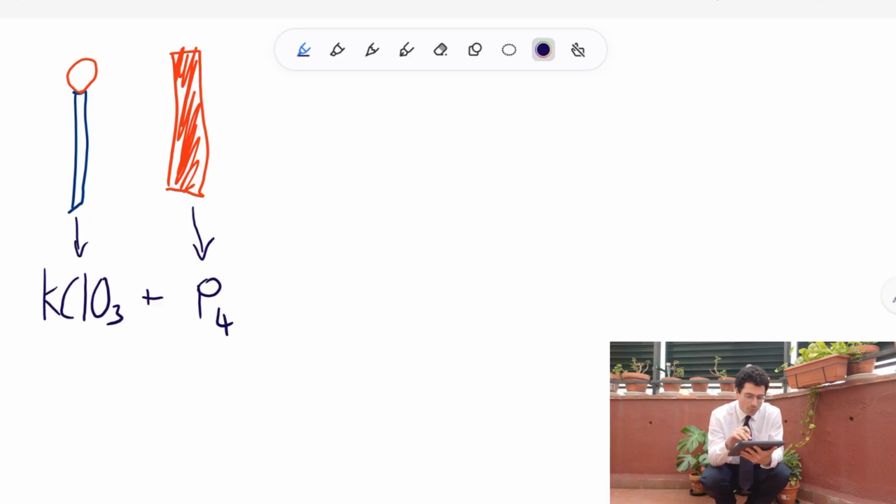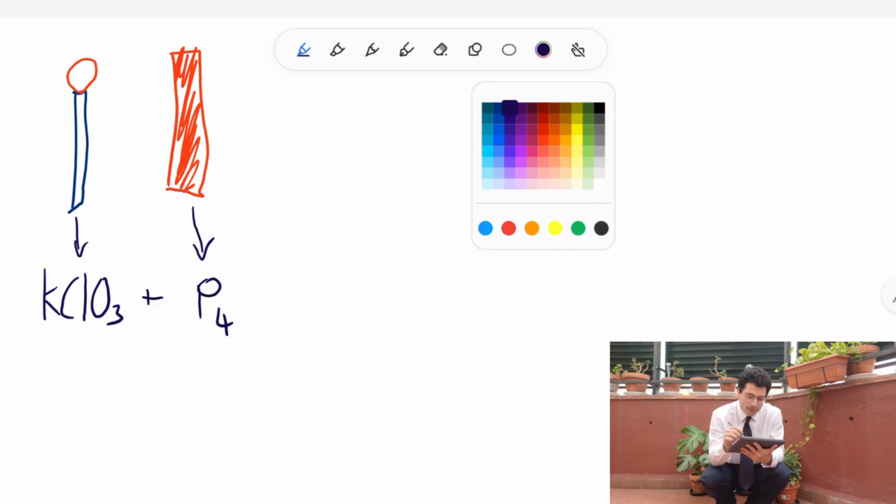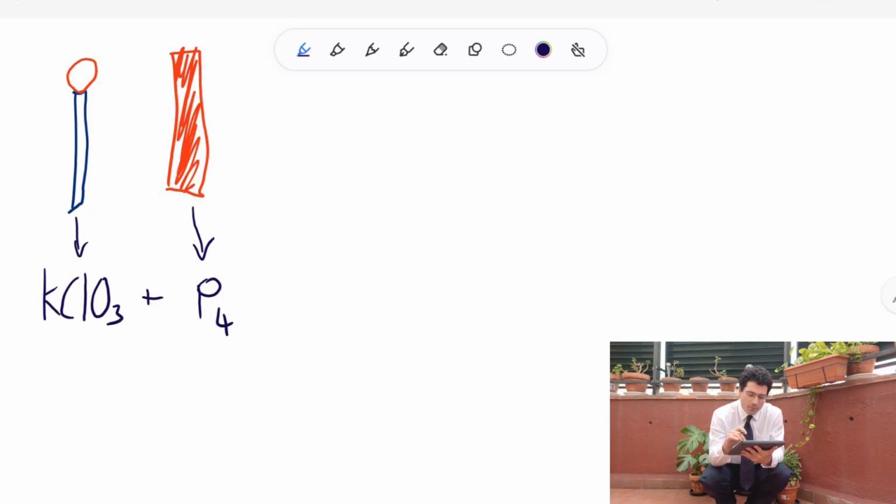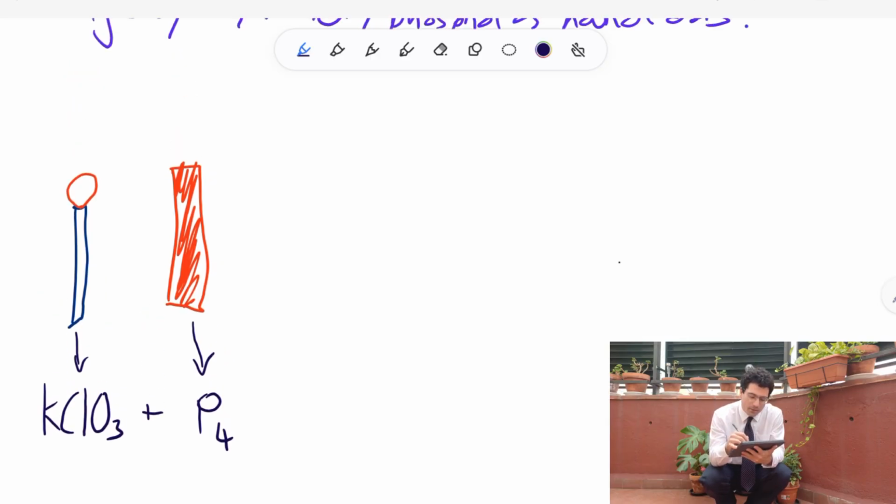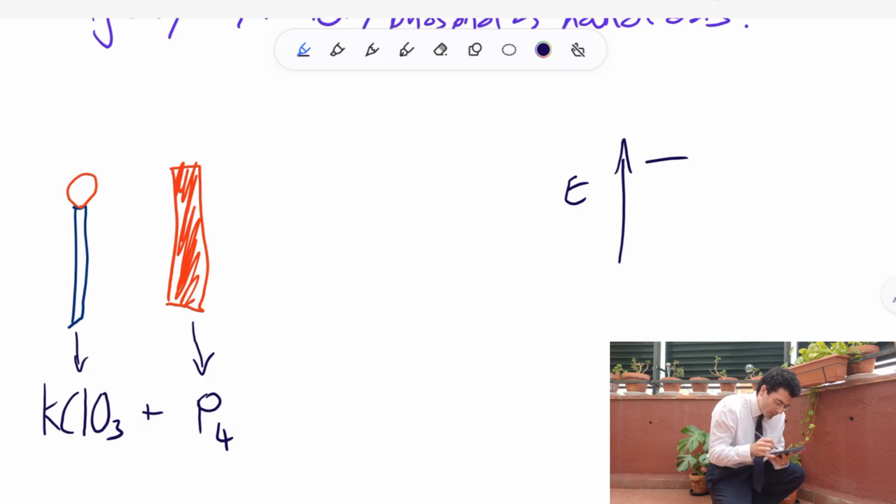Now, just one note on red phosphorus. If I were to draw a sort of thermodynamics diagram where I have a vertical axis which represents energy increasing, if I draw here 2 lines, I would say that black phosphorus is lower down on the diagram and red phosphorus is higher up.